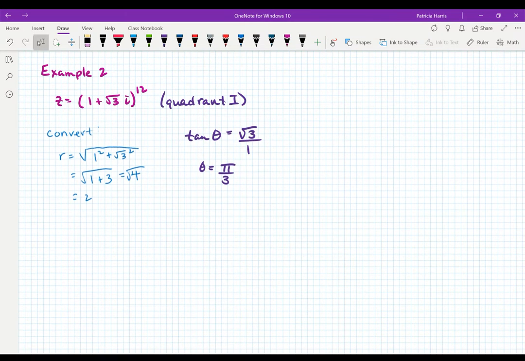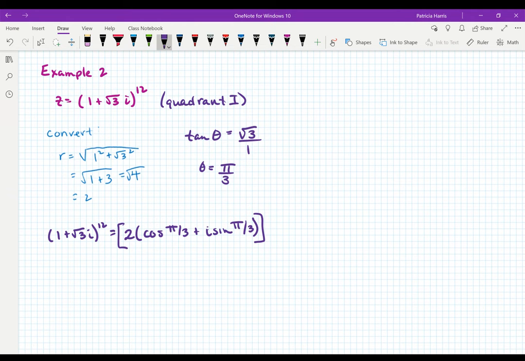Okay, here's our r, 2, times cosine pi over 3 plus i sine pi over 3, and we're going to raise that to the 12th power.